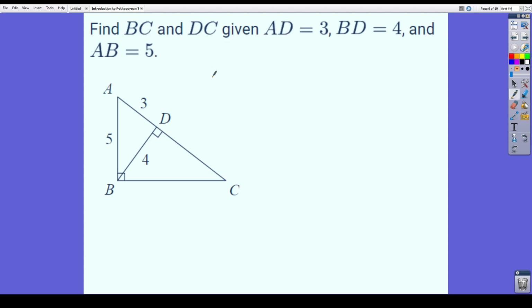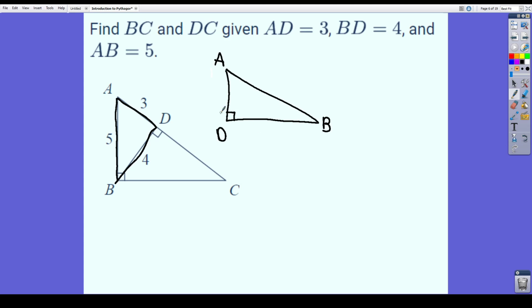So for example, if I draw a triangle like this, and I can claim that this is a right angle and that it's going to represent the triangle DAB. This triangle on the left here, DAB.